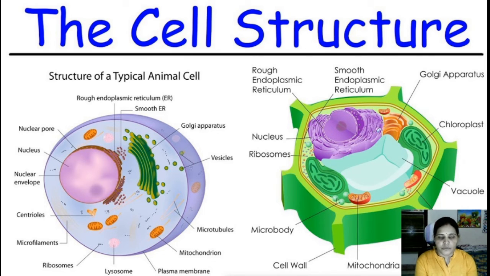On the basis of the diagram, you can distinguish them easily. In plant cell, nutrition is autotrophic. Plants synthesize their own food in the presence of sunlight with the help of chloroplast, an important food synthesizing organelle present inside the cell of a plant. This is also called the kitchen of the cell.